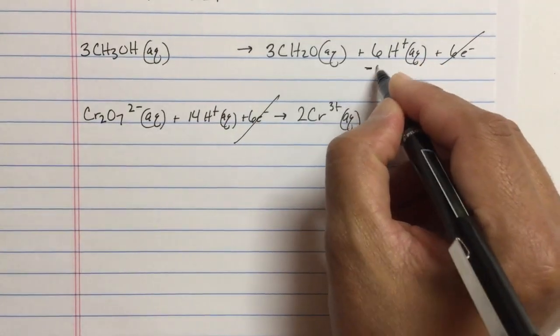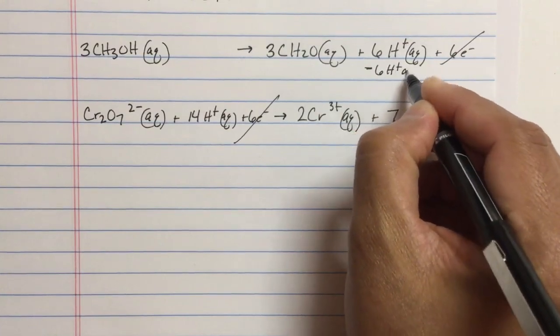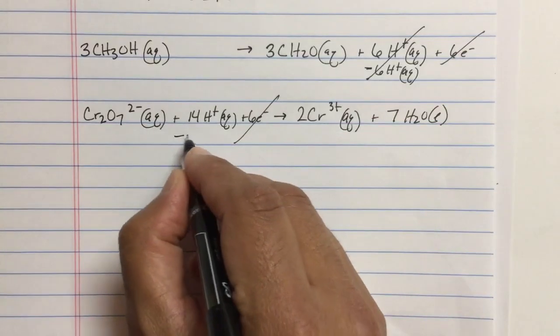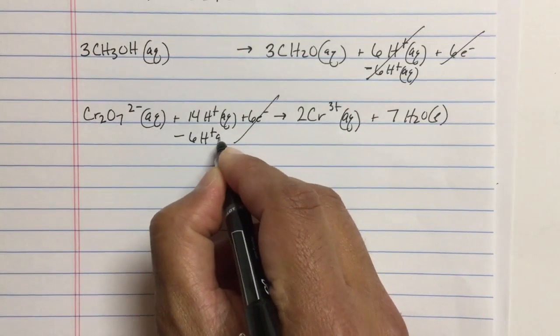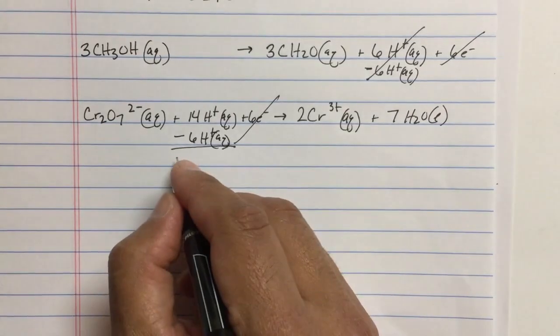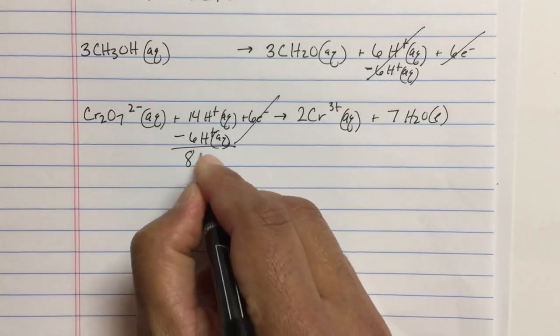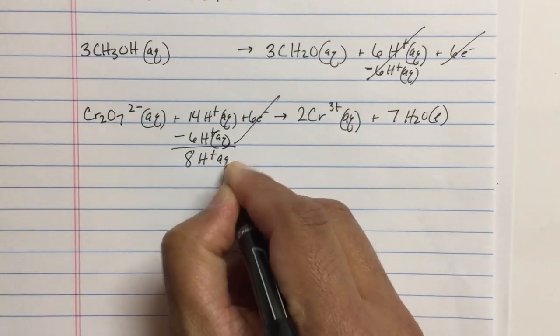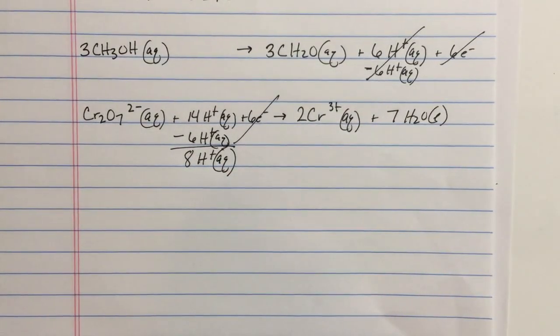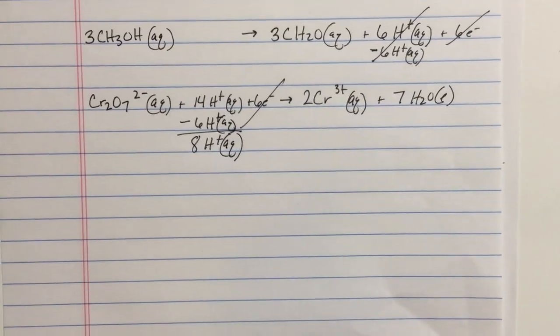So 6 hydrogens here will cancel with 6 hydrogens here. So the net is 8 hydrogen. So I'm going to rewrite this.